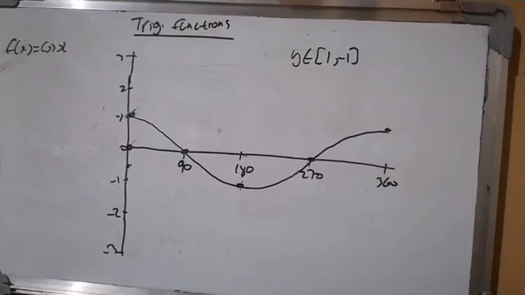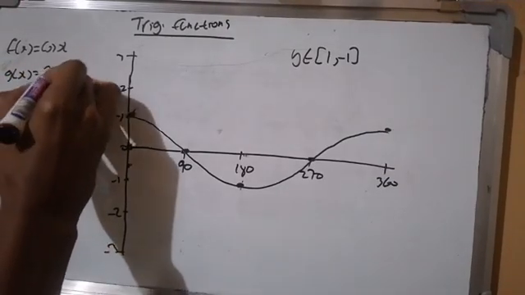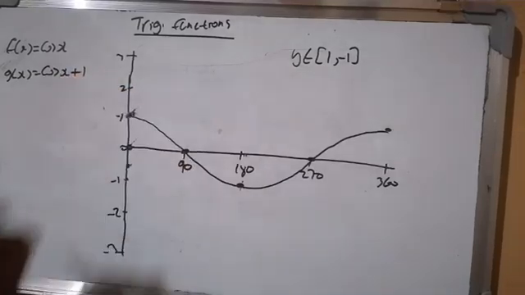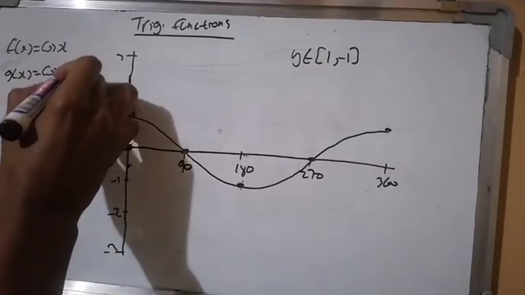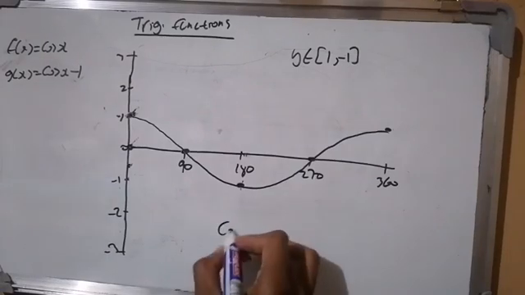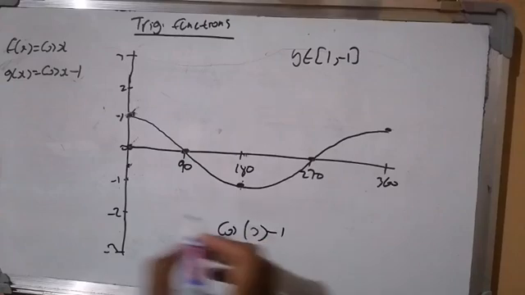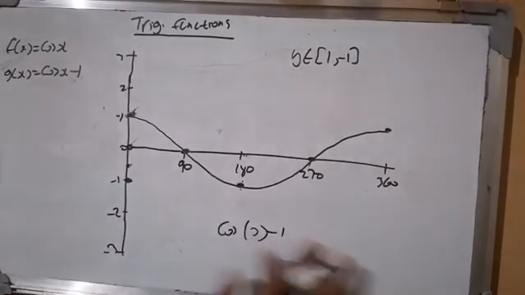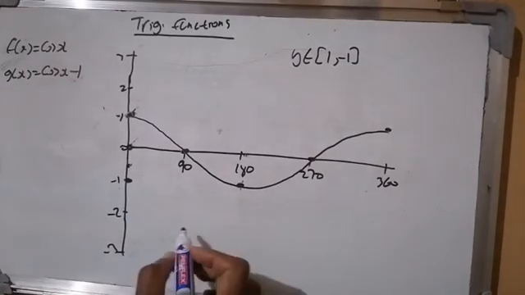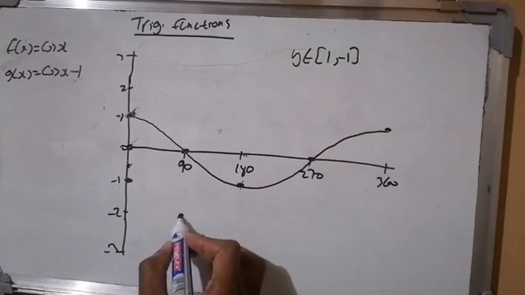So once again, if we were to draw the graph of g of x and say cos x plus 1, okay, let's make it -1 this time around. Let's just say -1, and then you go to your calculator and say cos, it's going to open the bracket for you and say 0, minus 1. It's going to take you to -1. And then if you substitute 90, it's going to take you to -2.